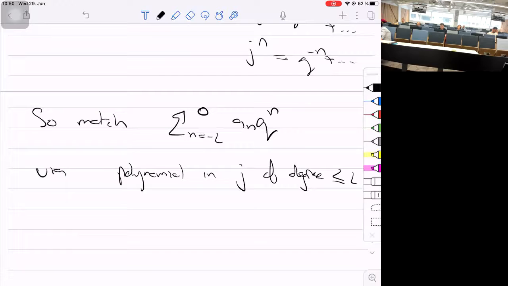And then the final claim we check is that that is everything that can possibly arise in this way. When we now get rid of this bit, we've matched up the entire expression.